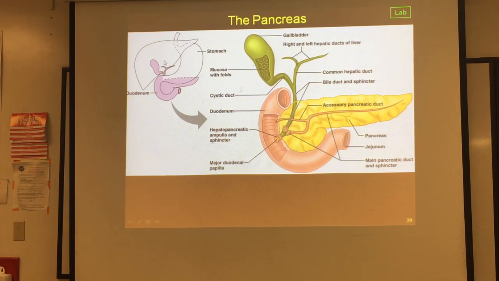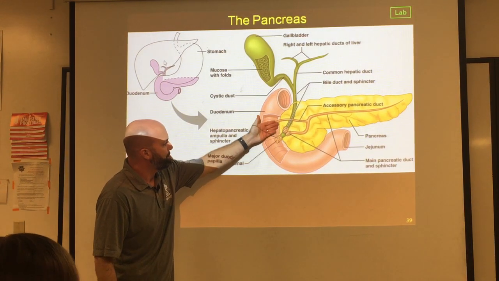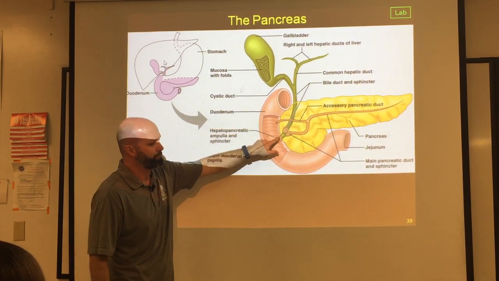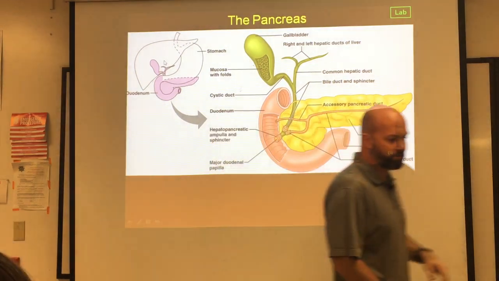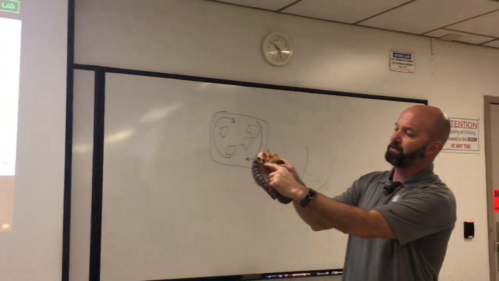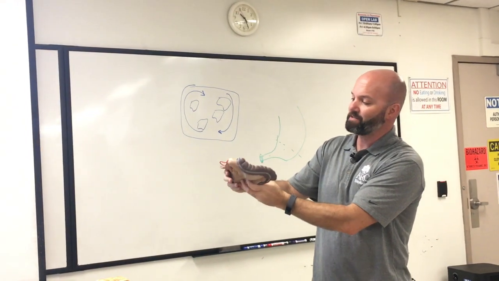So if you're looking at an image using a sectional view of the wall of the small intestine, that would be a good view to visualize the ampulla. But if I just show you a model where there's a little cutout so that we can see inside of the duodenum, something like this here, we're not looking inside of the wall, we cannot see the ampulla.